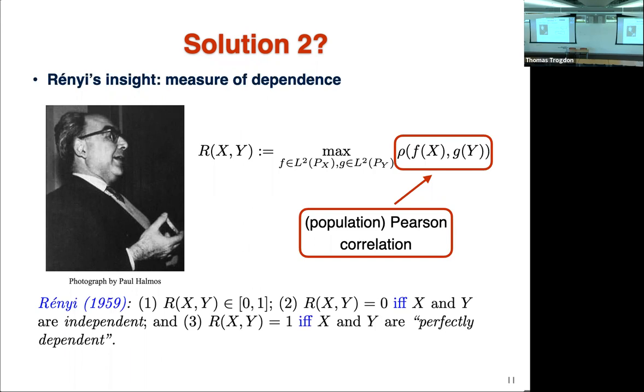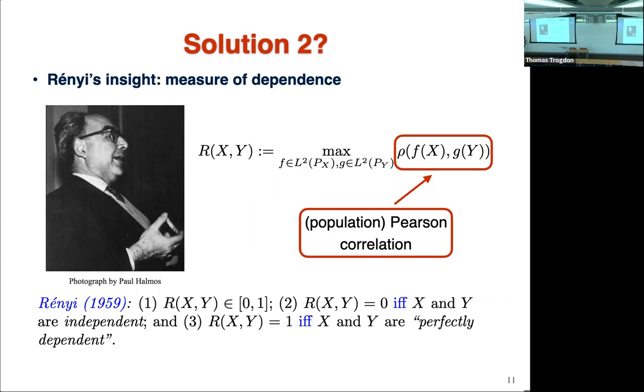Indeed, based on his paper, it is between 0 and 1, trivially, because the absolute Pearson correlation is between 0 and 1. It is 0 if and only if they are independent. You can try to prove that. And lastly, it is 1 if and only if x and y are perfectly dependent. What is the notion of perfect dependence here?